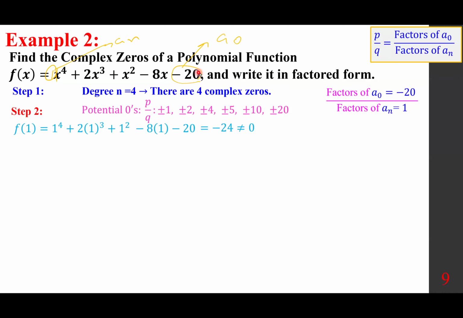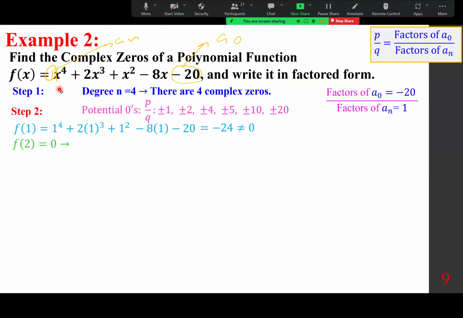You can try another one. I'm going to leave it for you to show that 2 gives you 0. In other words, if you plug in 2, you will get 2 to the power of 4 plus 2 times 2 cubed plus 2 squared minus 8 times 2 minus 20.